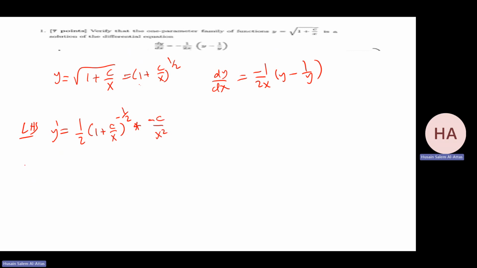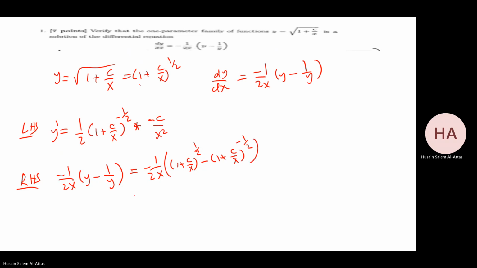This is left-hand side. Okay, let me do right-hand side. Right-hand side is what? Minus 1 over 2x, y. Maybe if I write it as a power, it will be easier since this is in terms of powers. 1 plus c over x to the power half. Now, I will take here 1 plus c over x to the power minus half. What is the remaining?